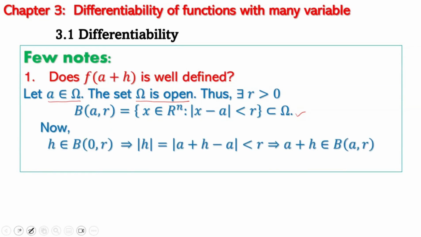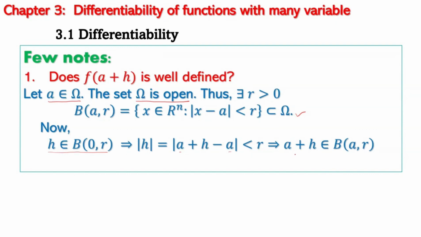Now let h belong to B(0,r). Then the absolute value of h we can write as a plus h minus a, just adding and subtracting a, which is less than r because h belongs to B(0,r). So what does it mean?